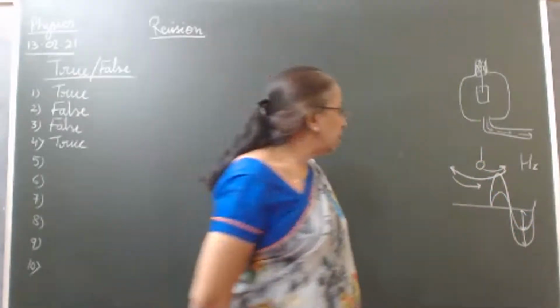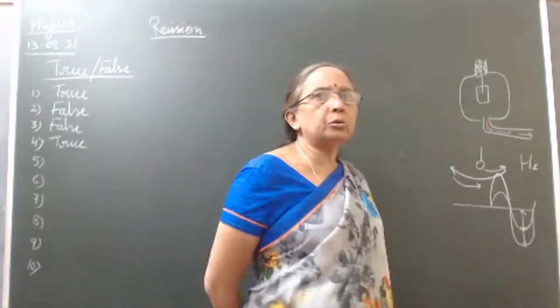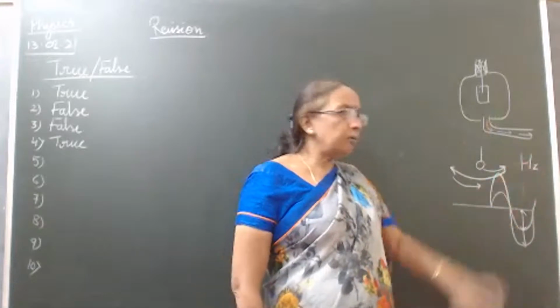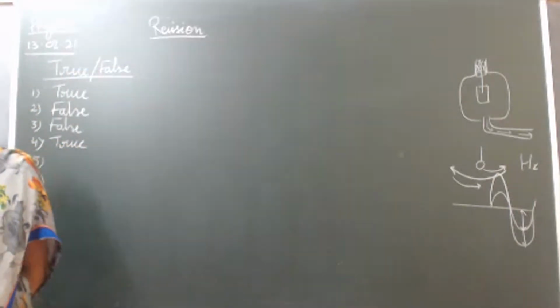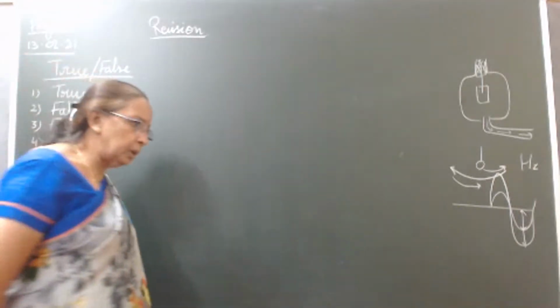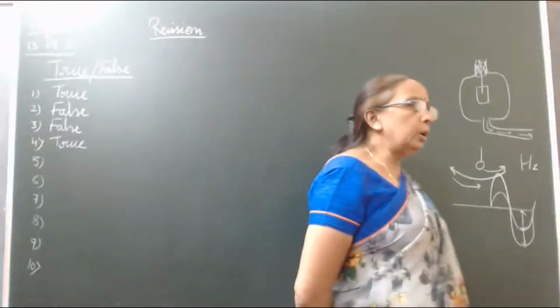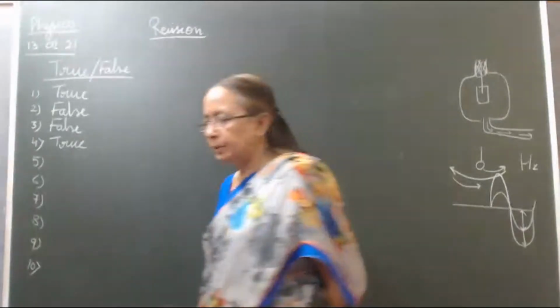Don't write capital Z and small h. This is the correct way to write. The range of audible sound is 20 Hertz to 20,000 Hertz.